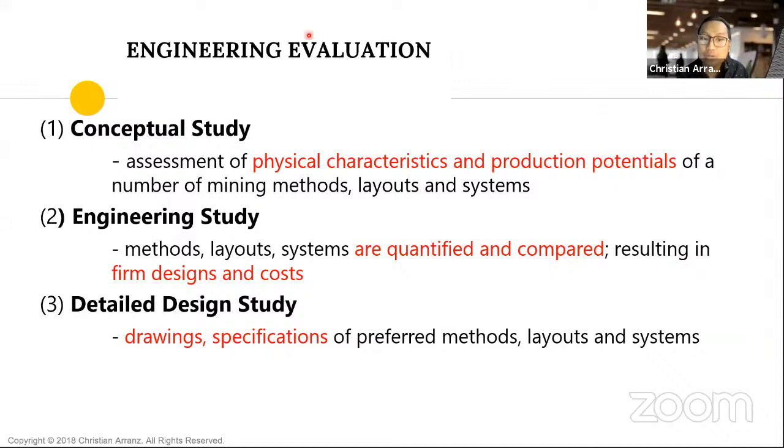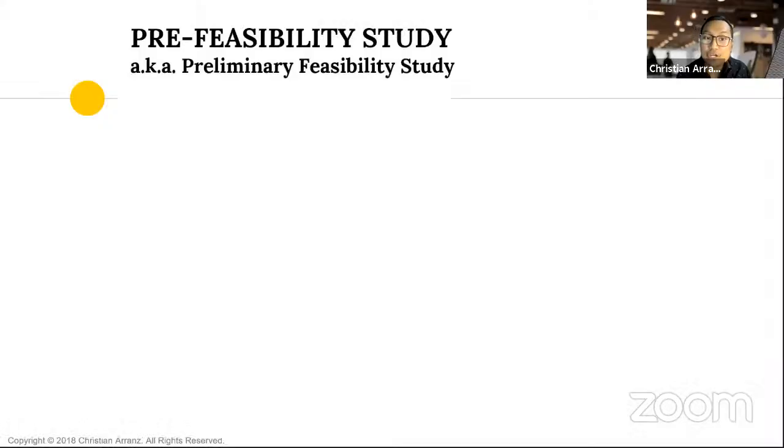Okay? So take note, yung engineering evaluation more on the technical side dun sa mining methods, ano yung mga gagamiting equipment, ano yung mga basically technical and engineering factors doon sa iyong mine. Okay? Okay, so that is still under pre-feasibility.